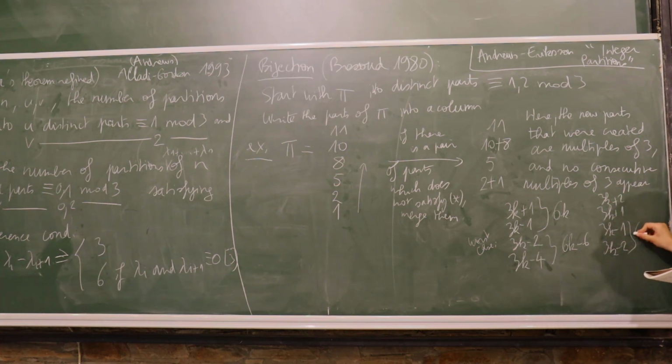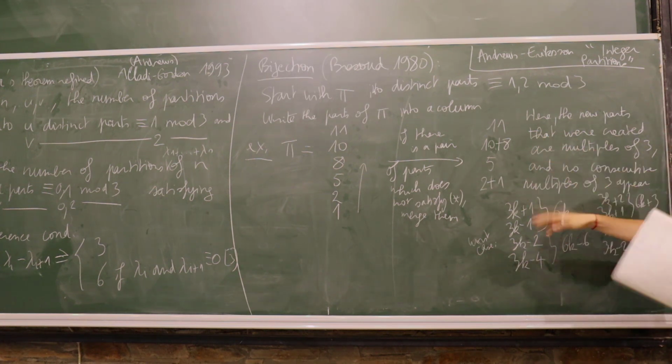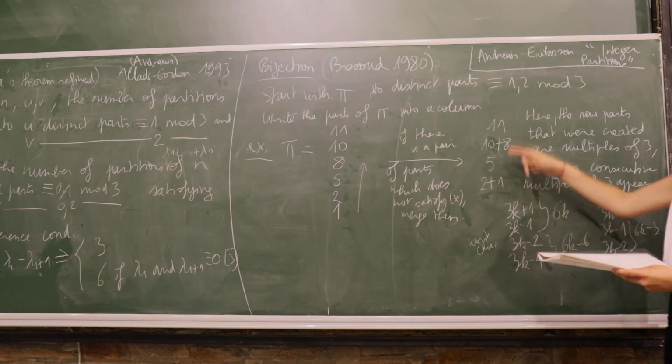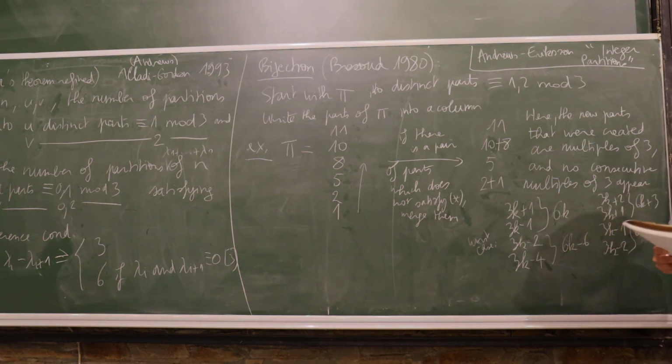And here again, if we add these two, it gives 6k minus 3. And those give 6k plus 3. So again, we have a difference 6. So when we do that, at least between the parts congruent to 0 modulo 3, we have the difference conditions that we want. And among the others, if you remove those parts, they also have those nice conditions.